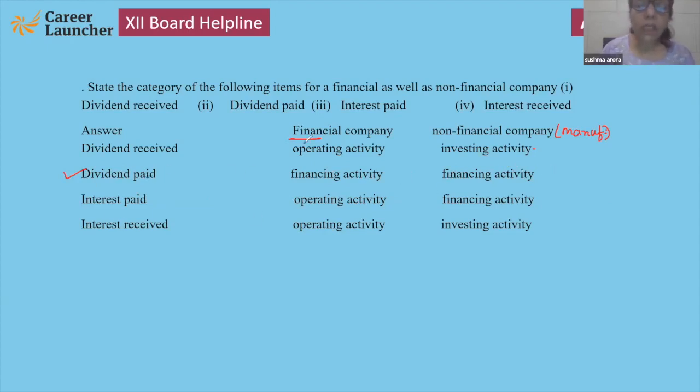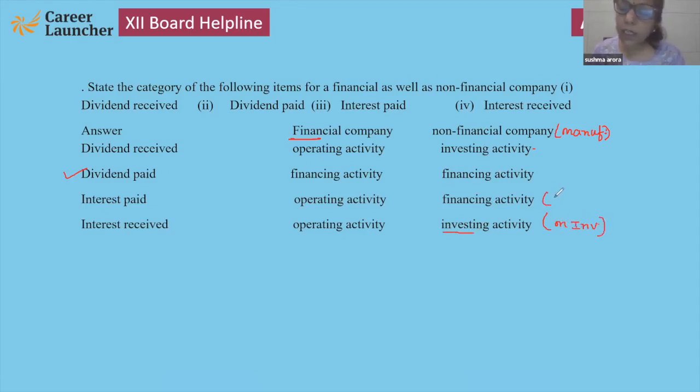Now, interest paid, as this is financial company, so it's their operating activity. And for non-financial company, it is their financing activity, because interest paid on shares and debentures. Interest received is their operating activity, but for non-financial, it is investing, because it is received on investments.